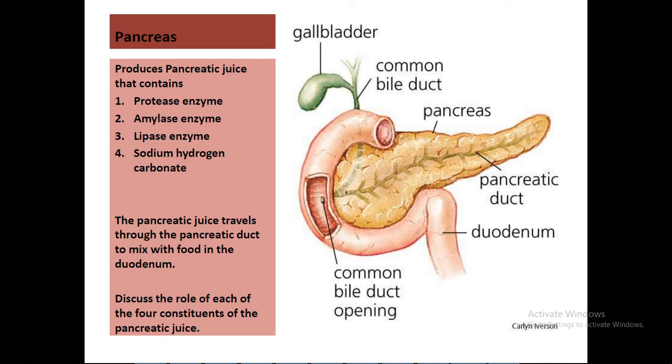This pancreatic juice travels through the pancreatic duct to mix with the food in the duodenum. You will also discuss the role of each of the four constituents of the pancreatic juice in order to understand the working of the pancreas and enzymes, and write it in your notebook.